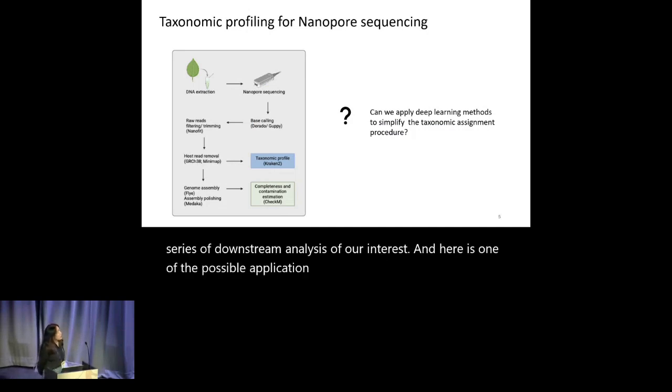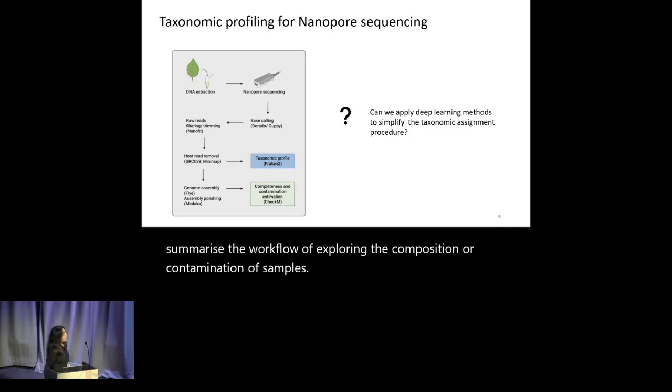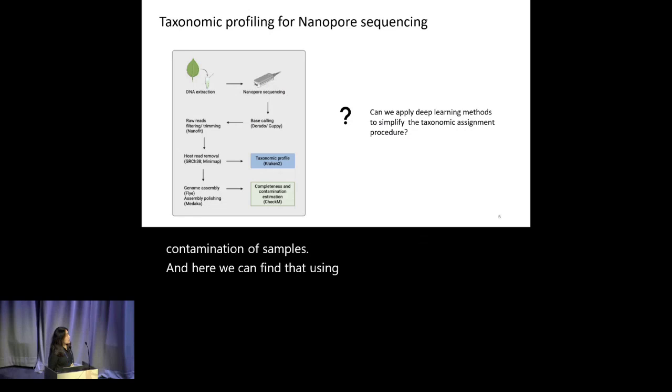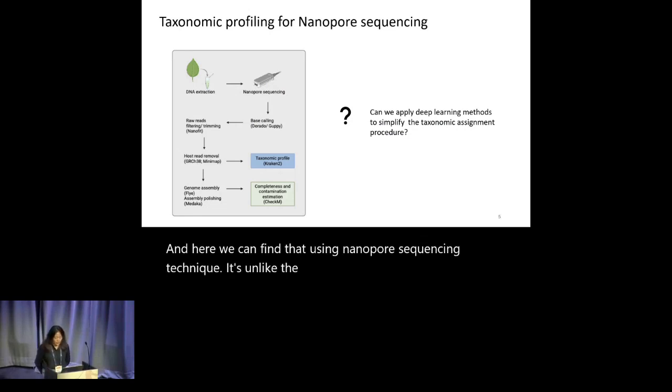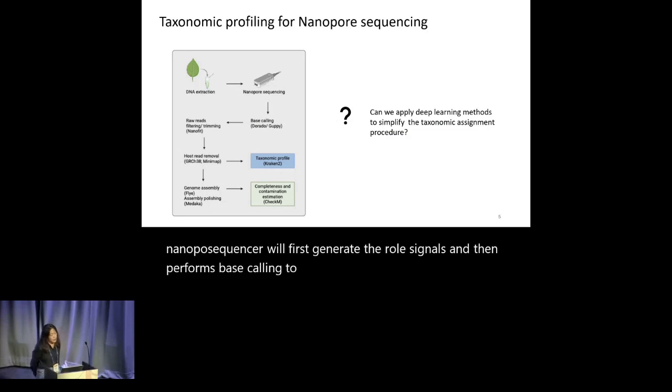Here we roughly summarize the workflow of exploring the composition or contamination of samples. We can find that using the nanopore sequencing technique, it's unlike the previous technologies. The nanopore sequencer will first generate the raw signals and then perform base calling to produce the sequence of bases for further processing.